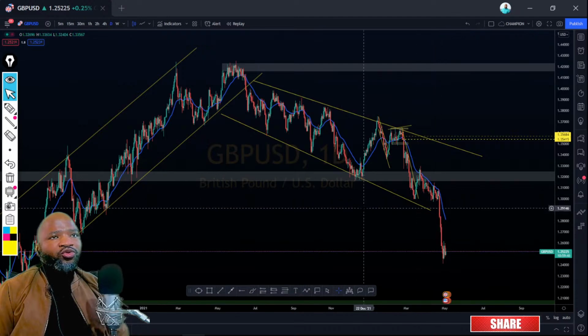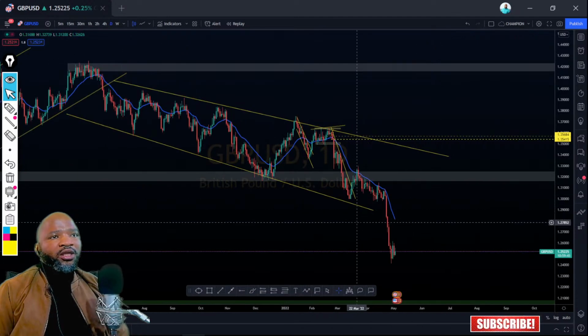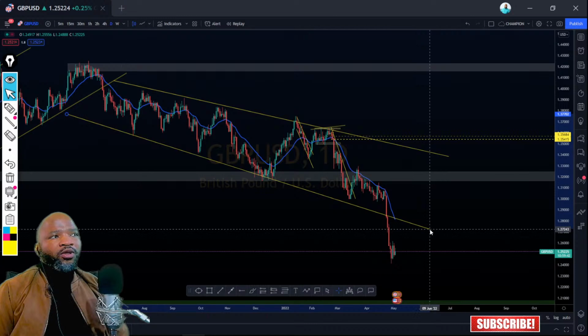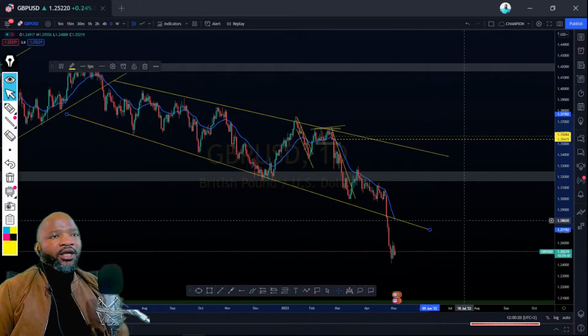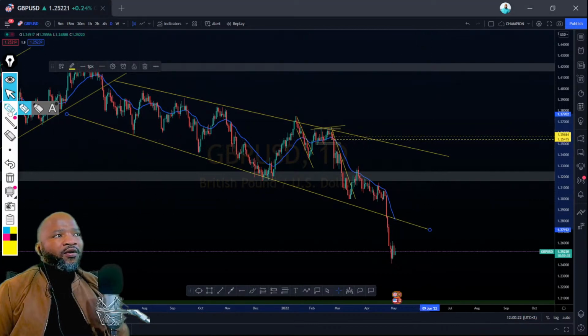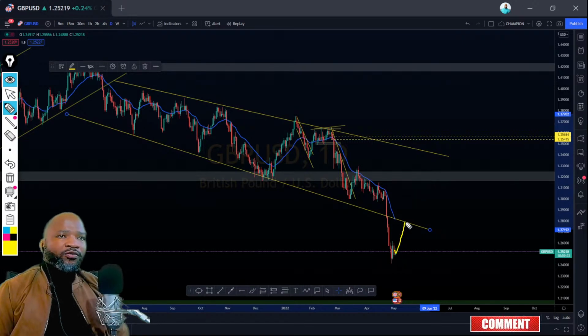The price pushed towards the downside as it broke out of this diagonal support zone. What we could look out for is to see the retest before we push towards the downside.